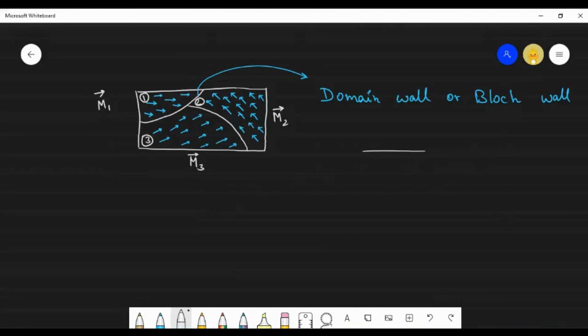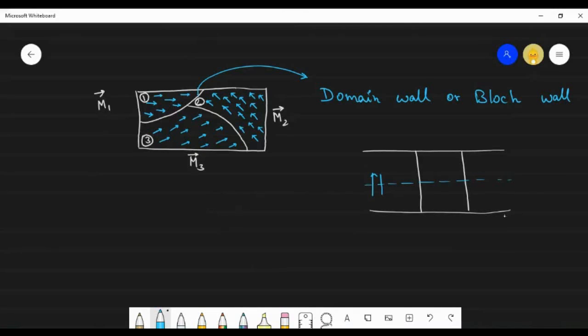So if I were to visualize the domain wall, I have two domains such that the spin alignment in this domain is in this direction, and here it is pointed downward.